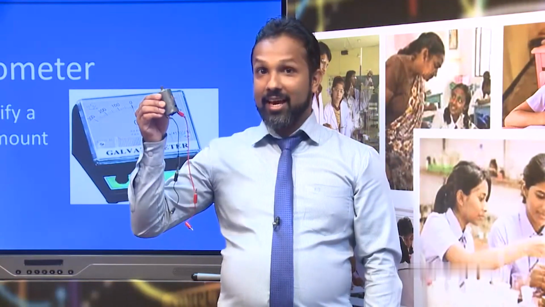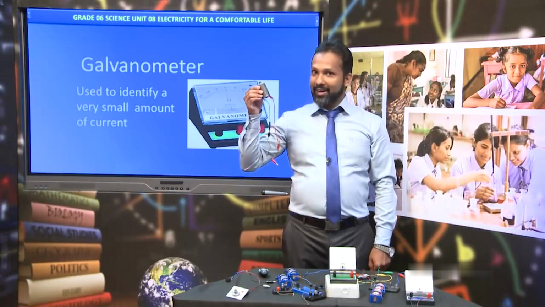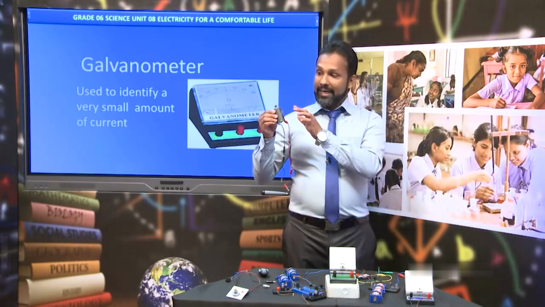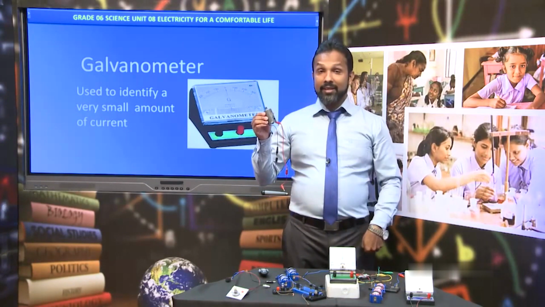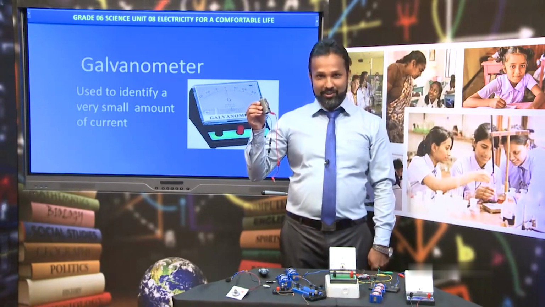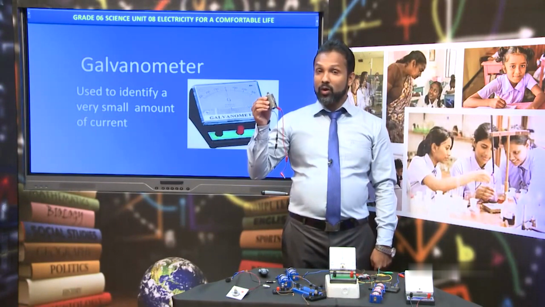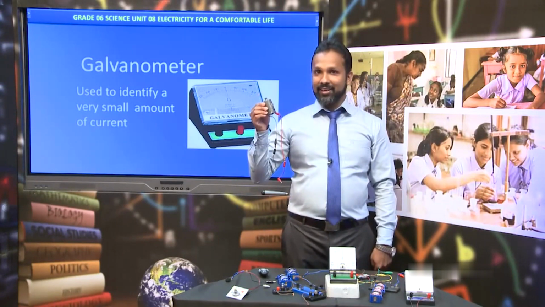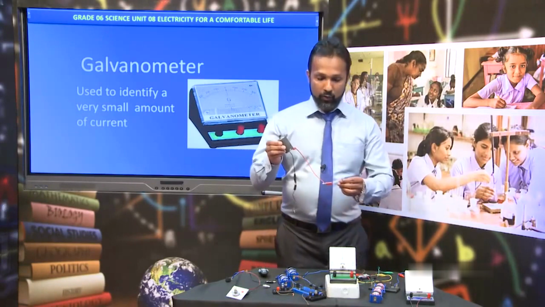Here there is a coil and also a magnet. I am going to connect this dynamo to the center zero galvanometer using connecting wires, and then you can watch how to identify electricity using the center zero galvanometer. Watch very carefully.